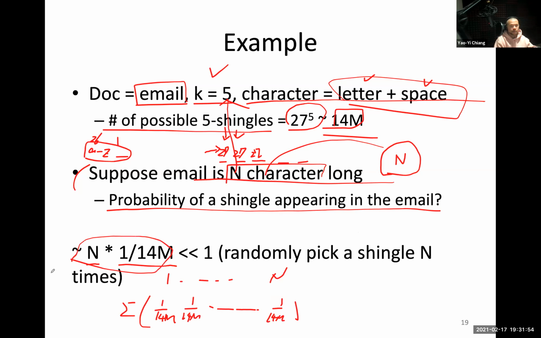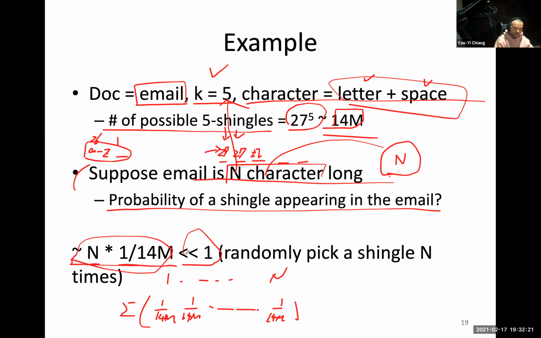If you're not familiar with probability, it's like the probability of drawing a specific thing from your large pool, and you can draw it n times. So this is good. This is much smaller than n. What does it mean?